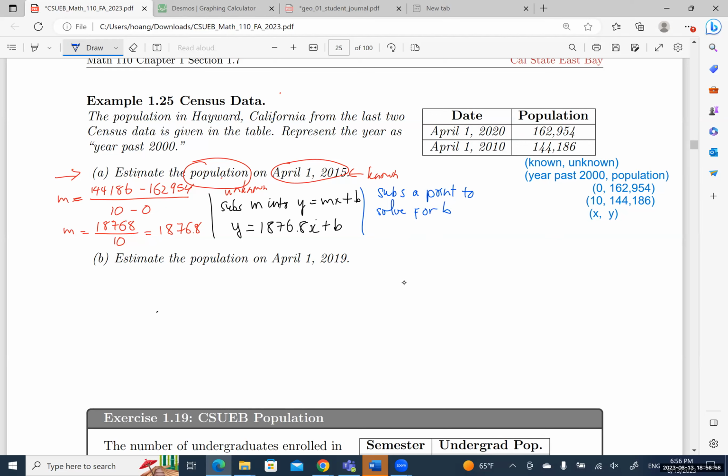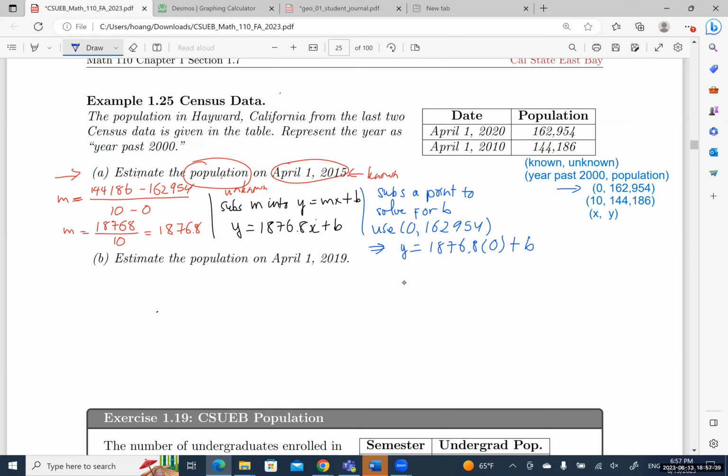So let's choose a point. I could always choose the easiest point, 0 and 162,954. So use (0, 162,954). Then we have y equals 1,876.8 times 0 plus b.